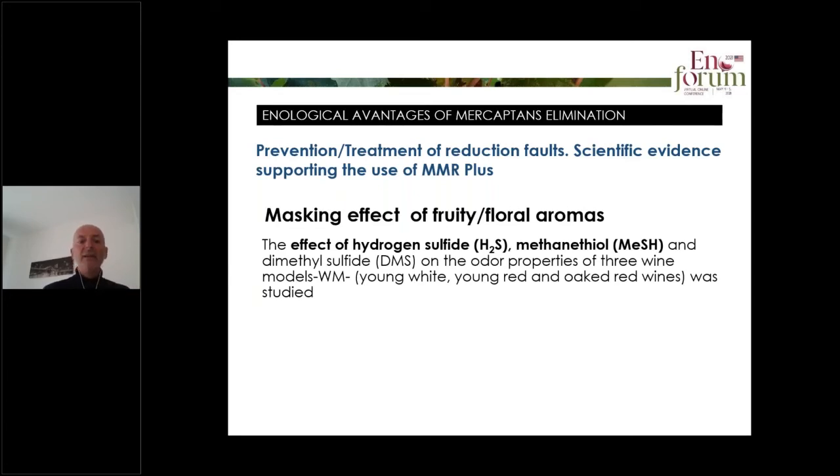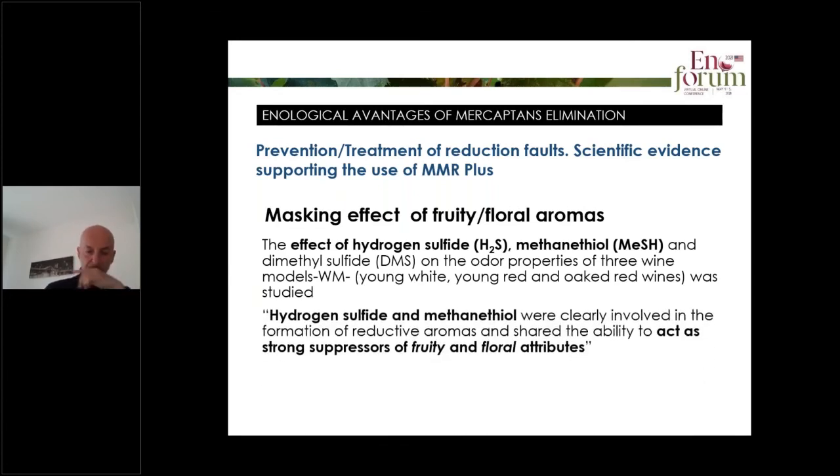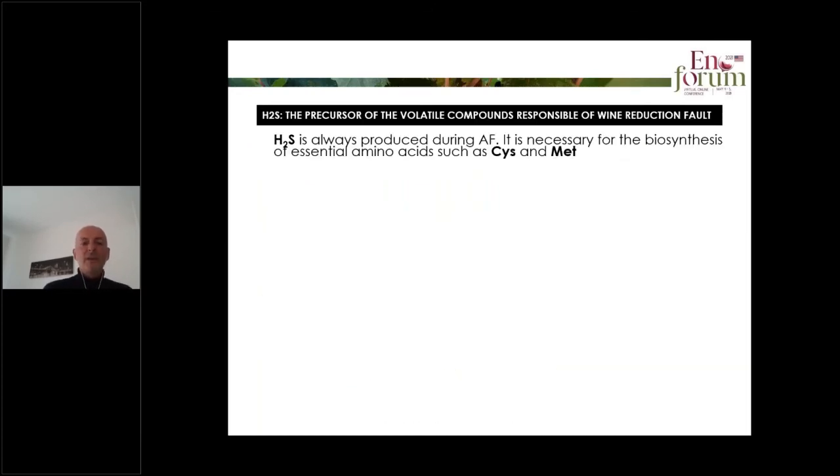And then they did the sensory study, and the results were that hydrogen sulfide and methanethiol act as strong suppressors of fruity and floral attributes. So even if they are below thresholds and we eliminate them, we can have an enhanced intensity of floral and fruity notes.